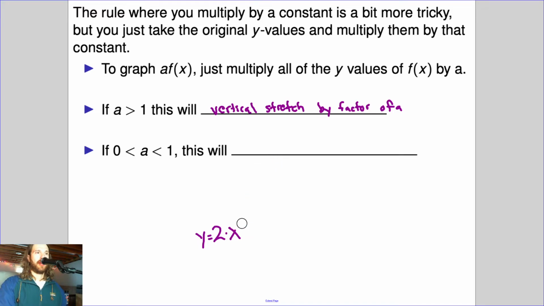Okay, and if a is between 0 and 1, then this corresponds to a vertical compression. Means it's getting squished down.